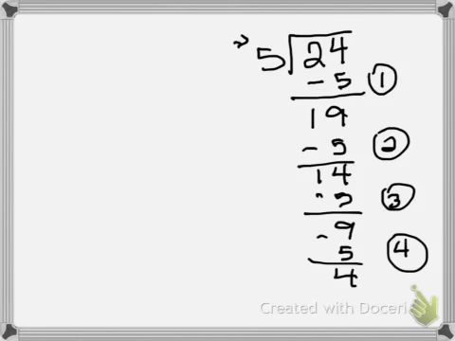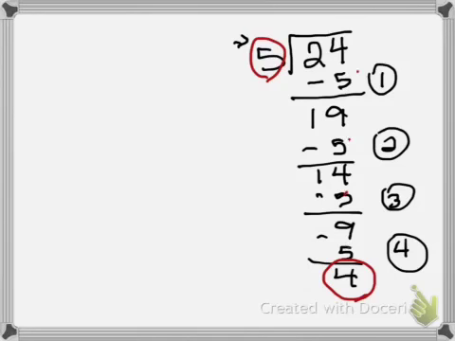Okay, I have subtracted 5 from 24 until I ended up with a number at the bottom that is less than my divisor of 5. You'll notice that 4 is less than 5. I'm going to go back and check to make sure that I have counted correctly. 1, 2, 3, 4.